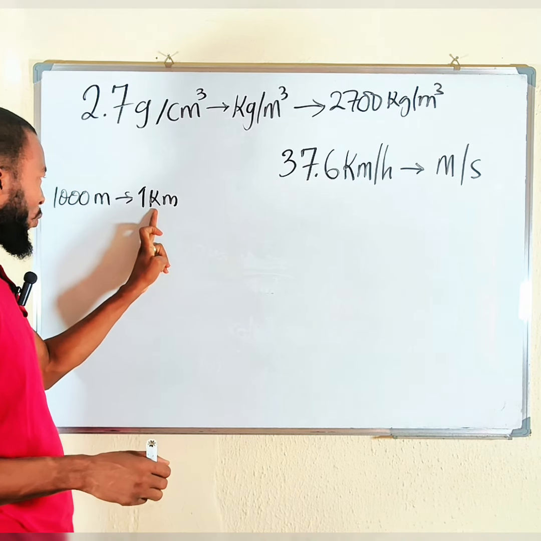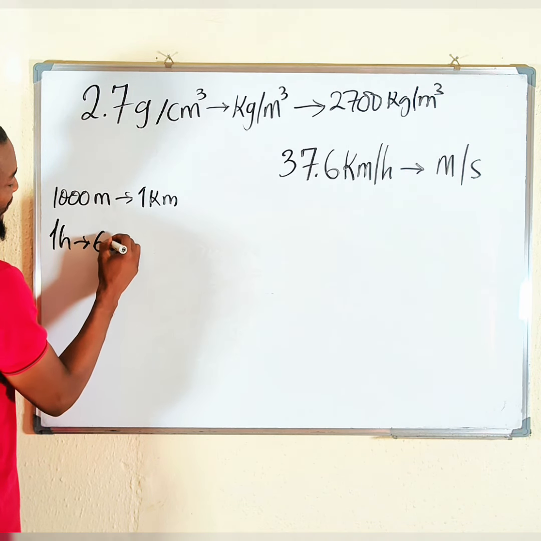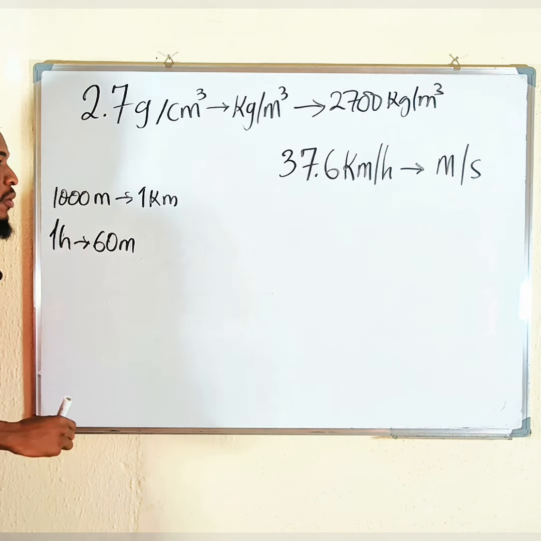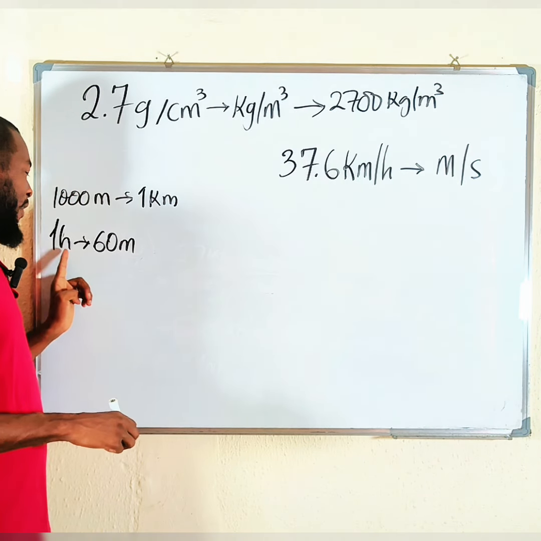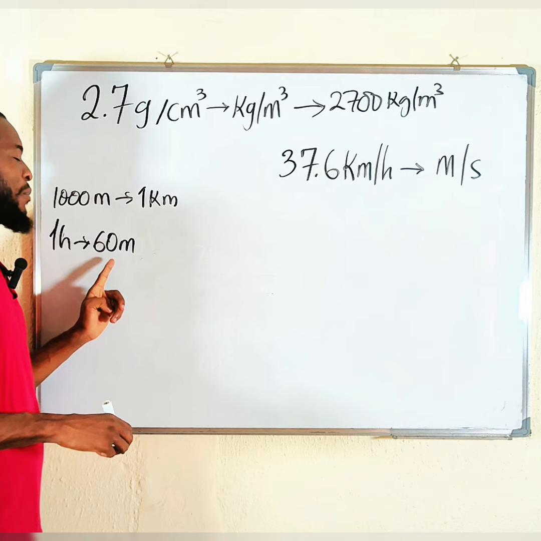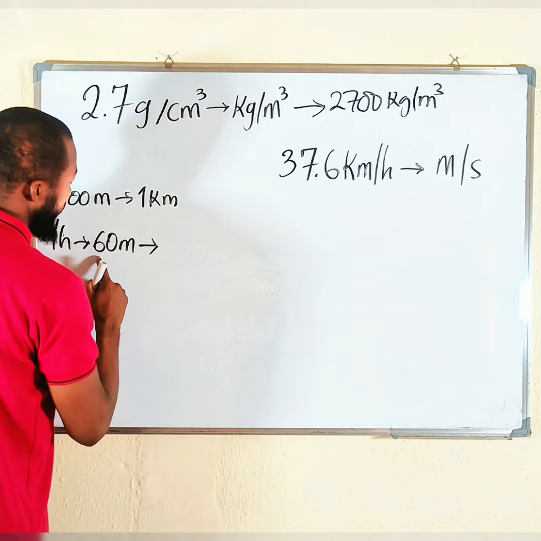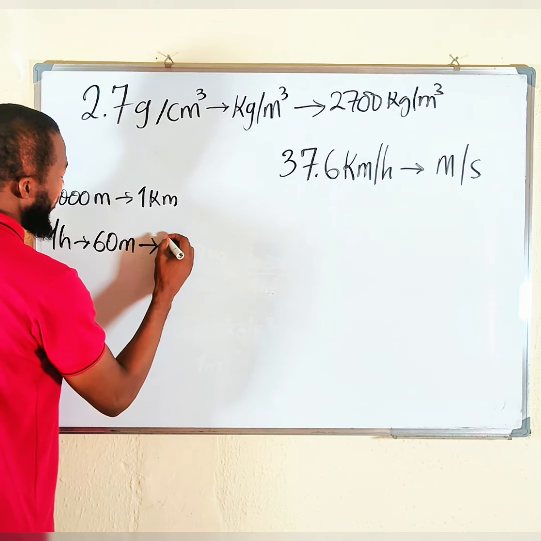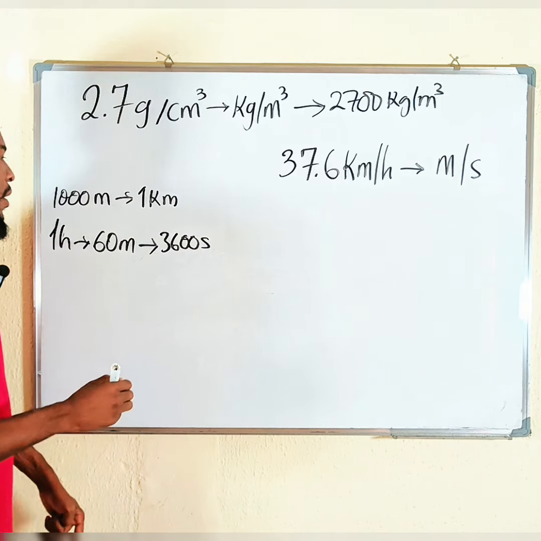Then for hour, 1 single hour is equivalent to 60 minutes. But we are not going to minutes, we are going to seconds. To convert from hour to minute, you multiply hour by 60. You multiply minute by 60, it will take you to seconds. So 60 times 60 is 3600 seconds.